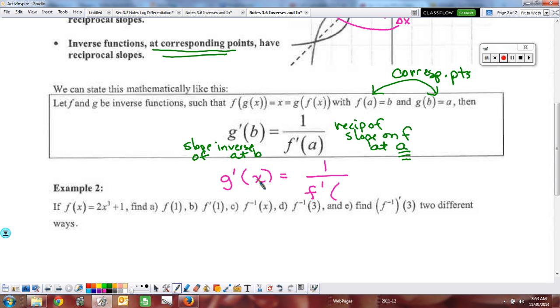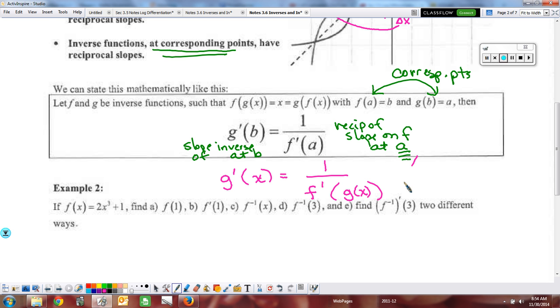How do you find the y value? You do g of x. So you'll see the formula written like that. The x and g of x is finding the corresponding point. So the slope at x is the reciprocal of the slope at the y value from x, the corresponding point.